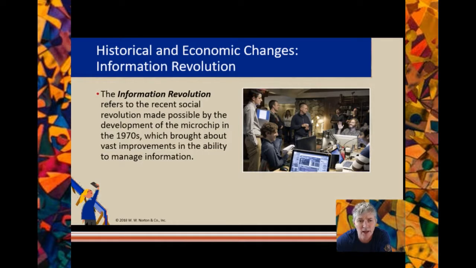The next revolution that we have to really consider ourselves embarking upon is the information revolution. And this, of course, refers to the recent social revolution made possible by the development of the microchip in the 1970s. This brings on vast improvements of the ability to manage information. We go from a society that really doesn't have a whole lot of information, and what information was out there wasn't disseminated in an effective way.